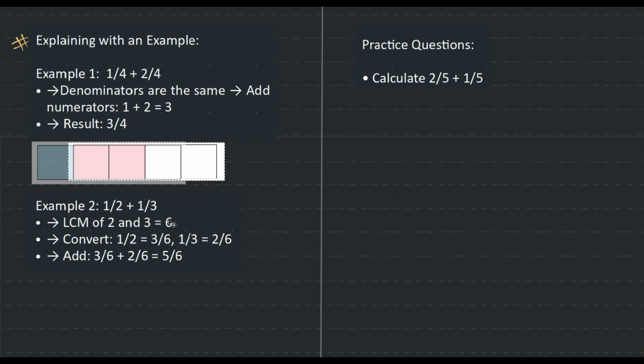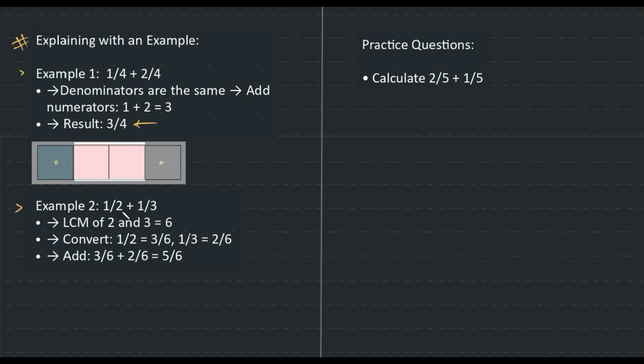Can you see that? Right? So if I ignore this part, what is it that we are looking at? We are looking at this particular scenario. So we have 1, 2, 3, 4 parts. And we are selecting how many parts? We are selecting 3 parts. So 3 out of 4. So can we see that? It's 3 by 4. We were able to add the fractions because the denominators are the same.